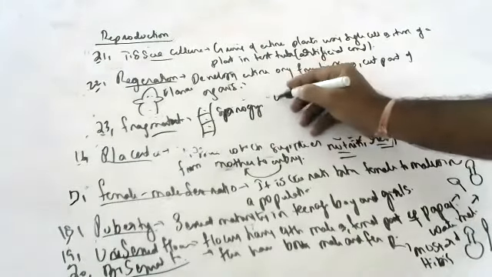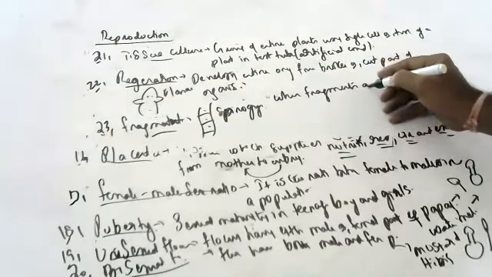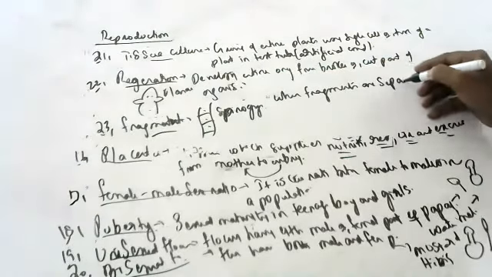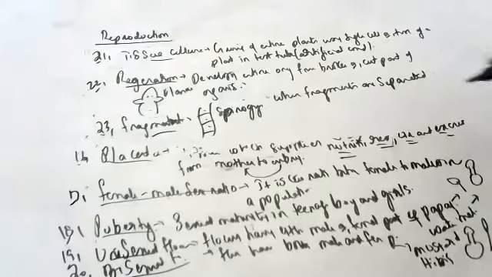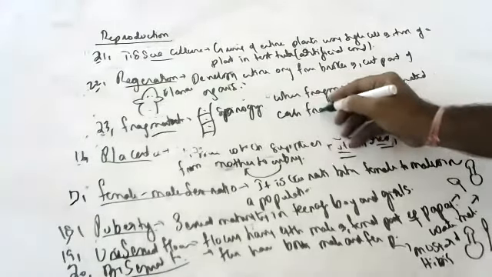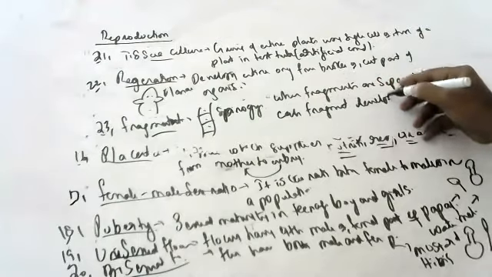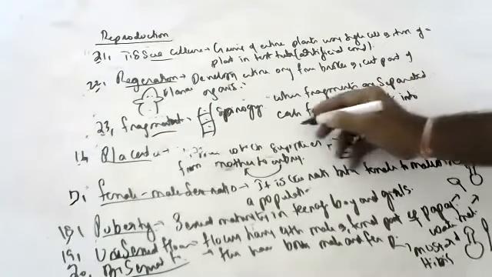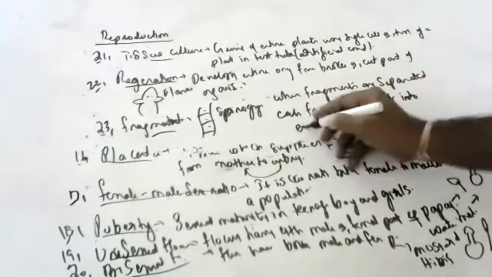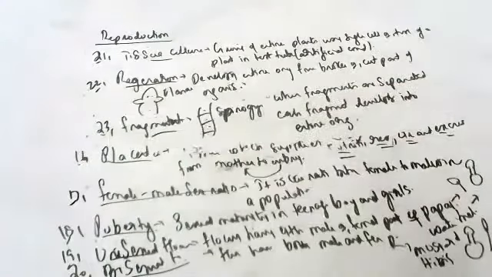Fragmentation means that when fragments are broken or separated accidentally, each fragment develops into an entire organism. This is called fragmentation. Learn to draw figures, children, whether they ask or not.